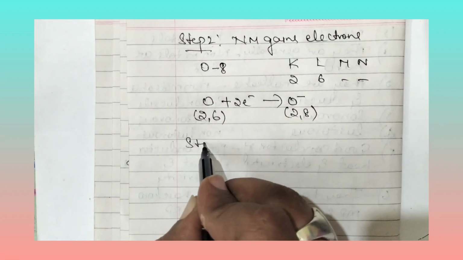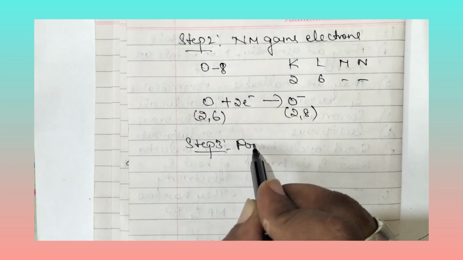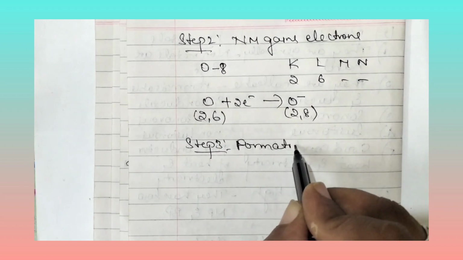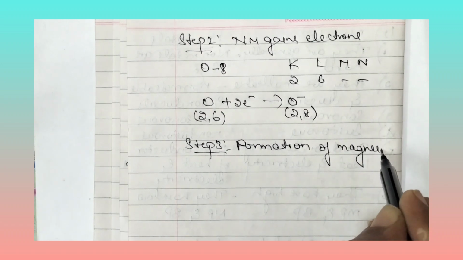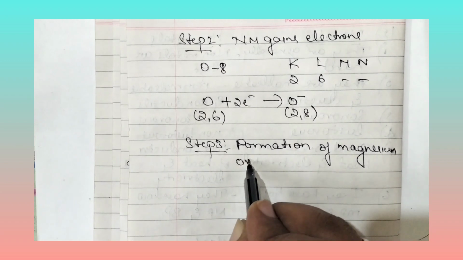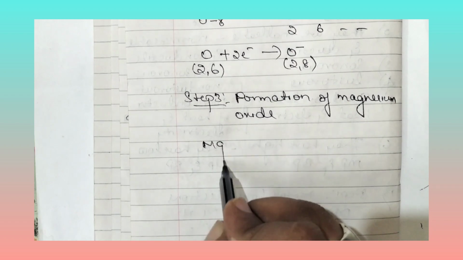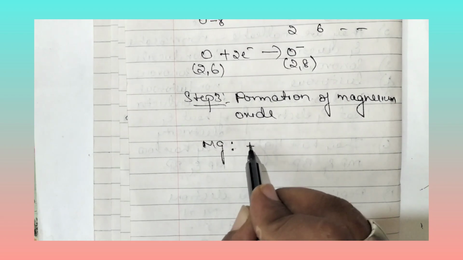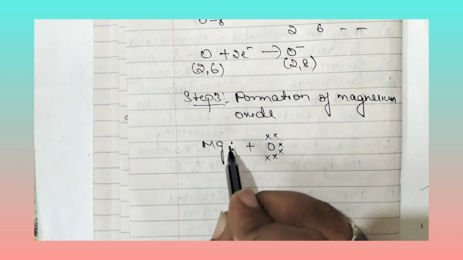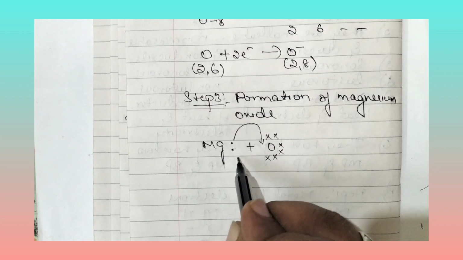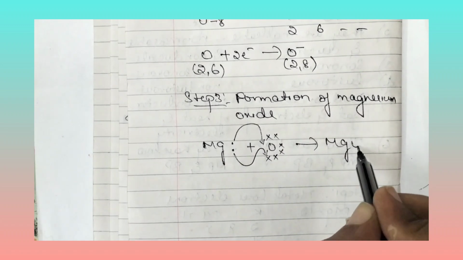Now step number 3, formation of magnesium oxide. So now magnesium has 2 electrons, plus oxygen has 6 electrons. Here the 2 electrons will be donated, and it will become MgO.